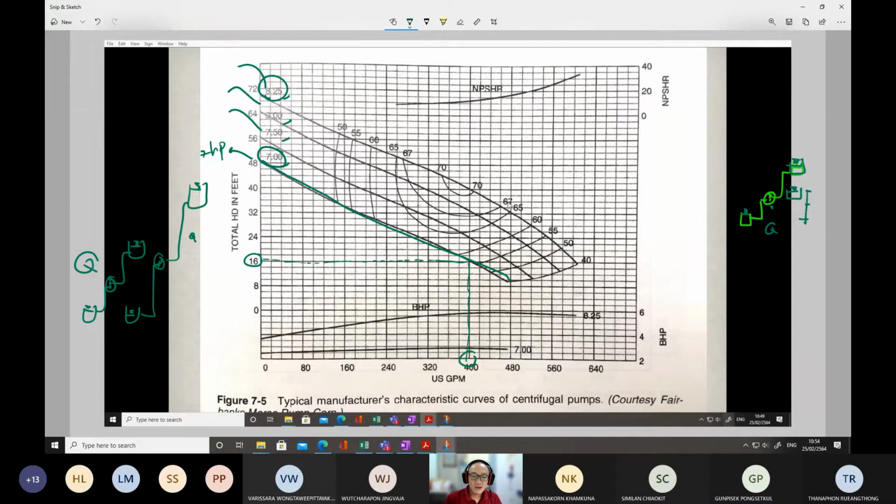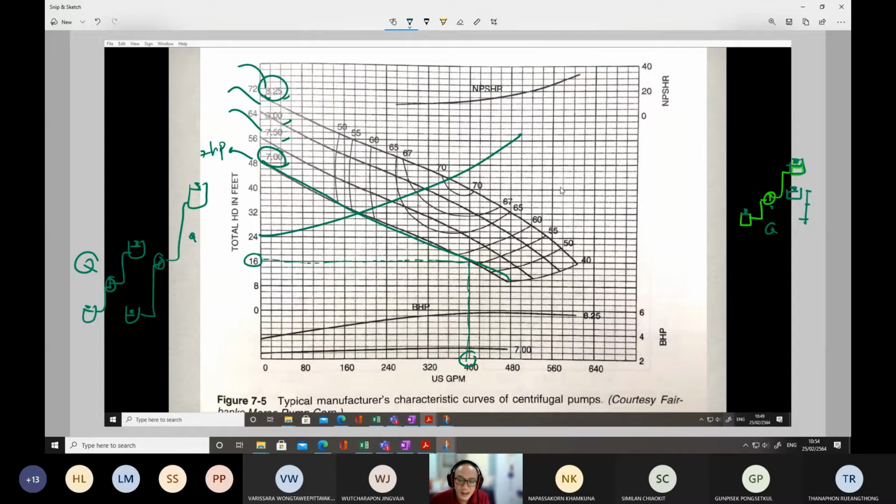Okay, so according to the manufacturers, if we want to select the pump corresponding with our system, suppose our system is something like this. If we bring the HQ curve and put it onto this pump curve, you will find something like this.